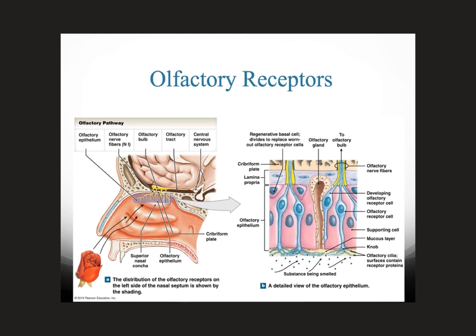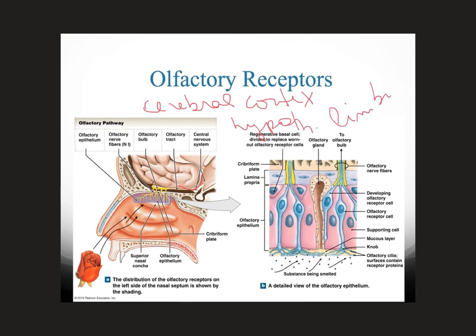One more thing that I forgot to mention with regards to the pathway. So here, from your olfactory tract, it goes to your central nervous system, and actually passes through your cerebral cortex, your hypothalamus, and your limbic system.